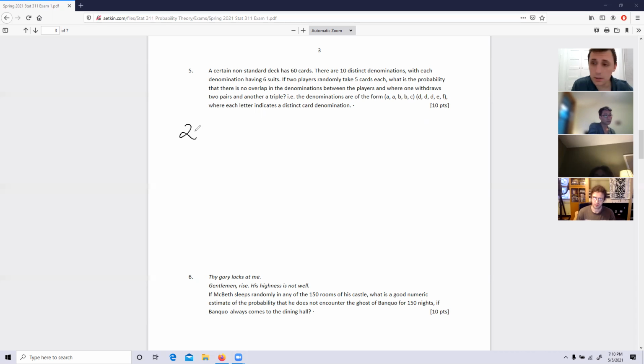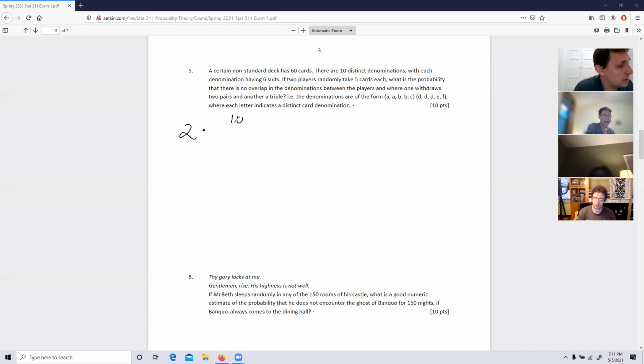So it's 2 possibilities: which is the pair, which is the triple, times, and let me know afterwards if you want to see the protocol. I mean, I have it in my head, times which particular denominations were picked as the pair.